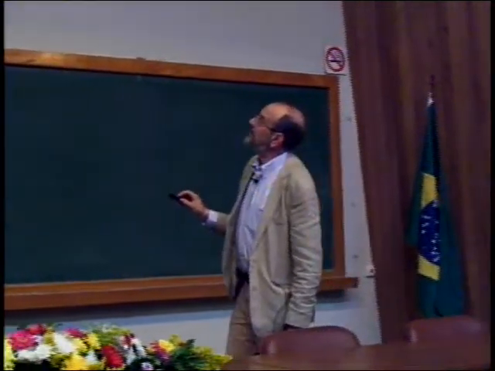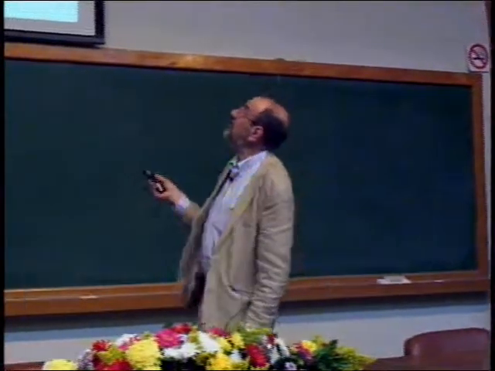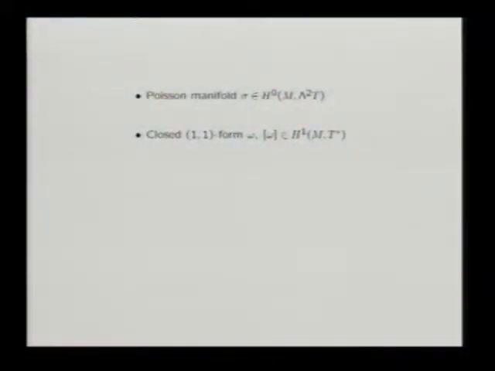So what happens is this: if we're on a Poisson manifold, then we have this Poisson tensor here. Suppose I choose a differential form now of type 1-1, so it involves dzi's and dzj bars, which is closed. Then that defines a class in this cohomology group, this Dolbeault cohomology group.